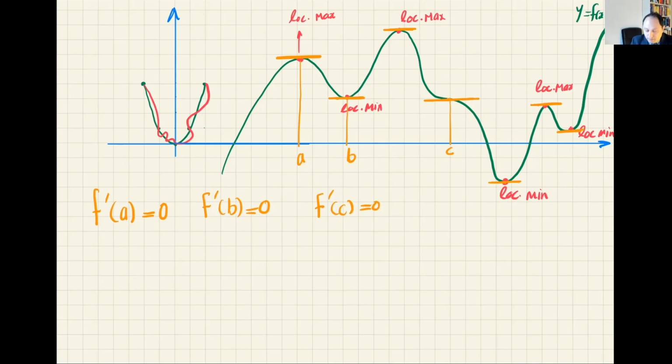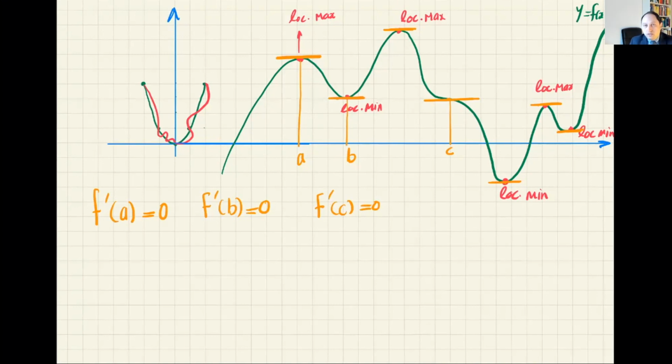The first investigation shows that there are points I need to be careful about, because I was convinced that at all these local points, I have a horizontal tangent line.